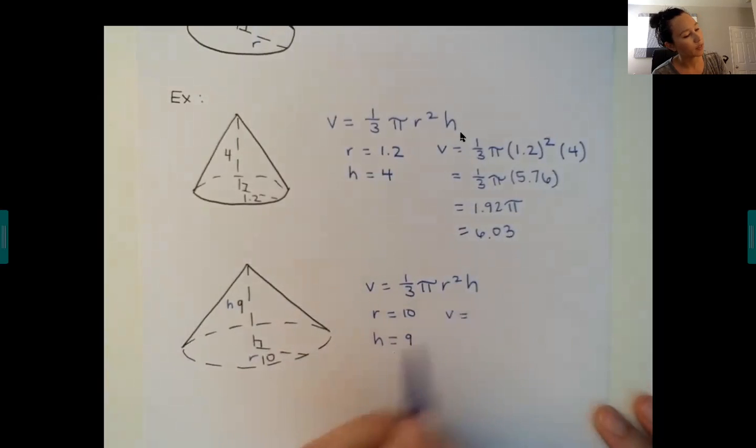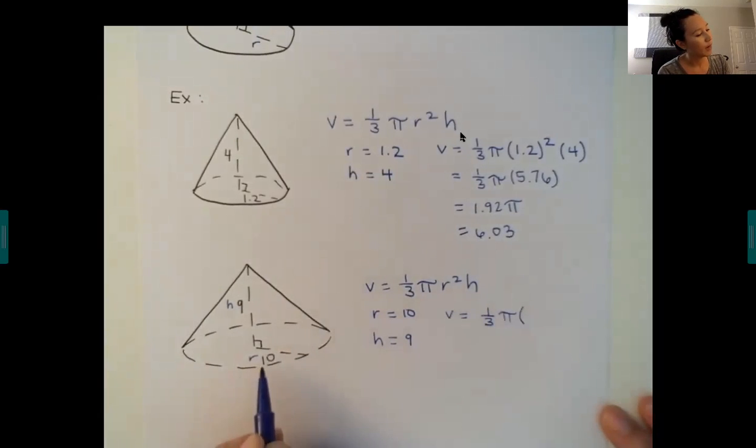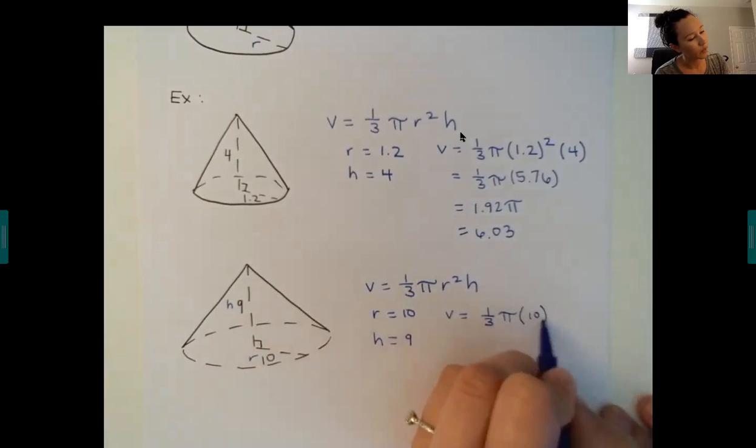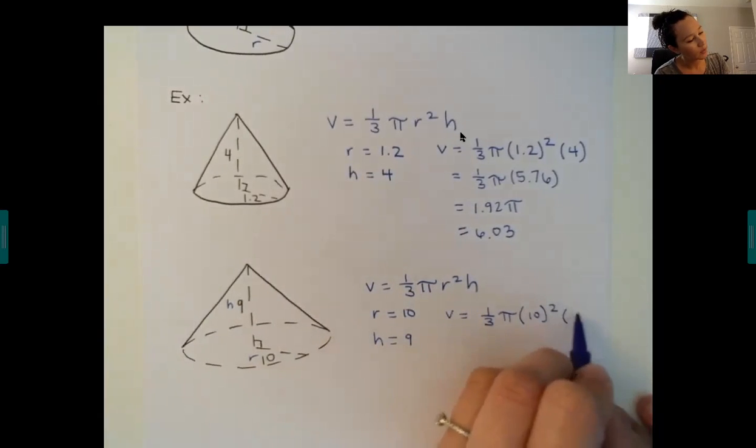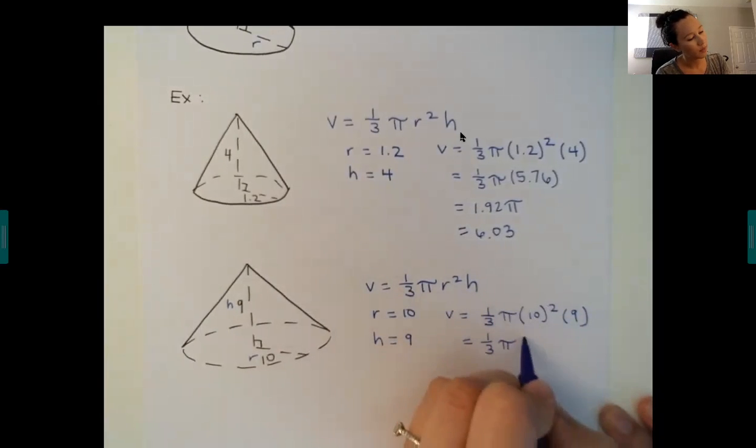And so now we're just going to plug those values in. So 1/3 pi of our radius, which is 10 squared, times our height, which is 9. And then we just simplify. So 1/3 pi, and then 10 squared, which is 100, times 9.